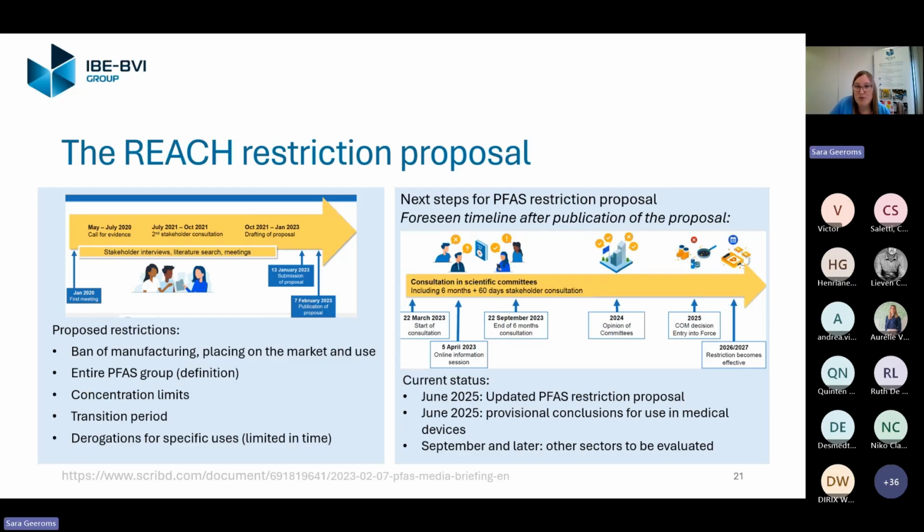Following the normal procedure of a REACH restriction, it should have been finished by 2025, so actually now. But as this is, of course, a very complex dossier, the evaluation is still ongoing, and an updated restriction dossier has been published recently.